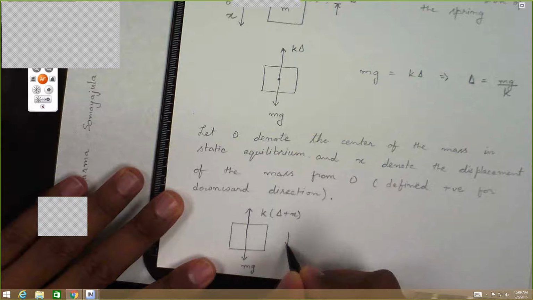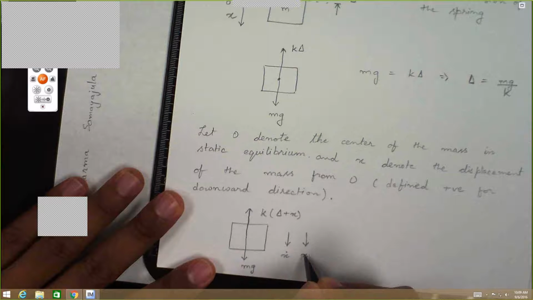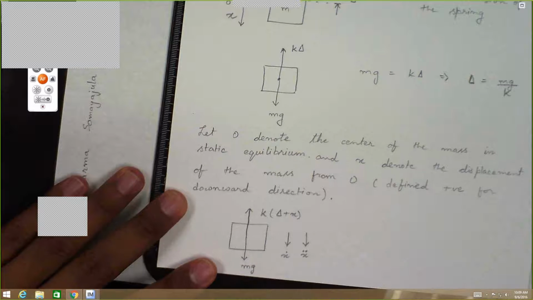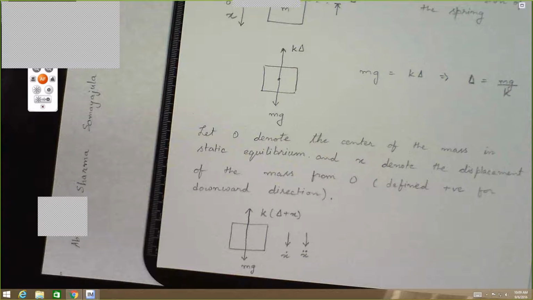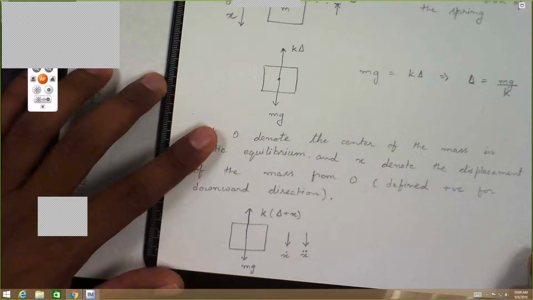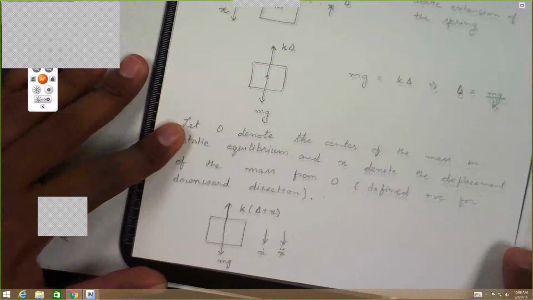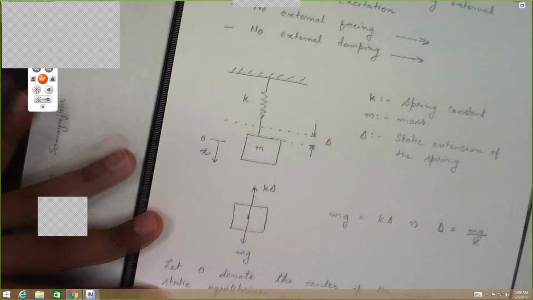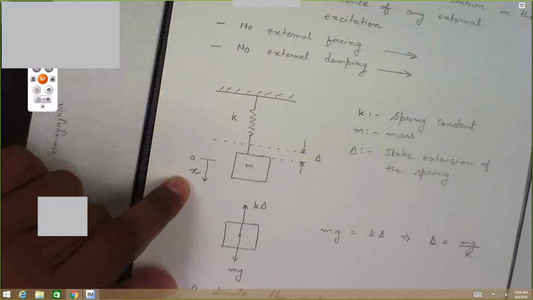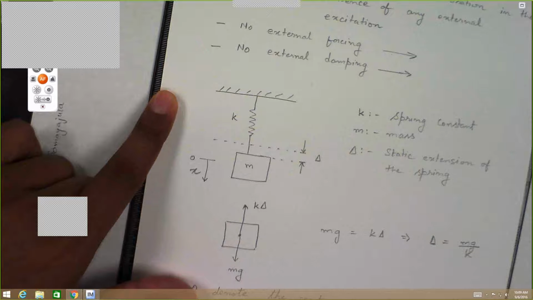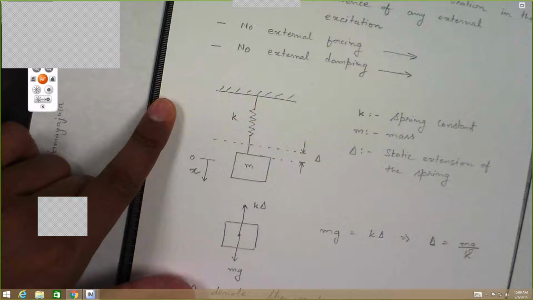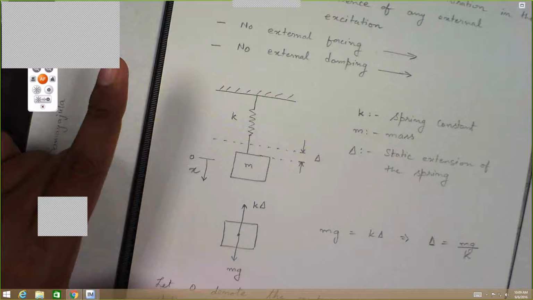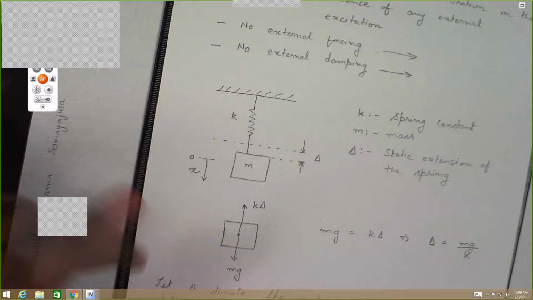And of course, the body doesn't just have a displacement. It also has a velocity and an acceleration, which we all assume to be positive in the downward direction at the present point. It doesn't matter: if you took displacement to be positive upward, then you would have considered the velocity and acceleration also positive upward, and it would still have resulted in the same answer.